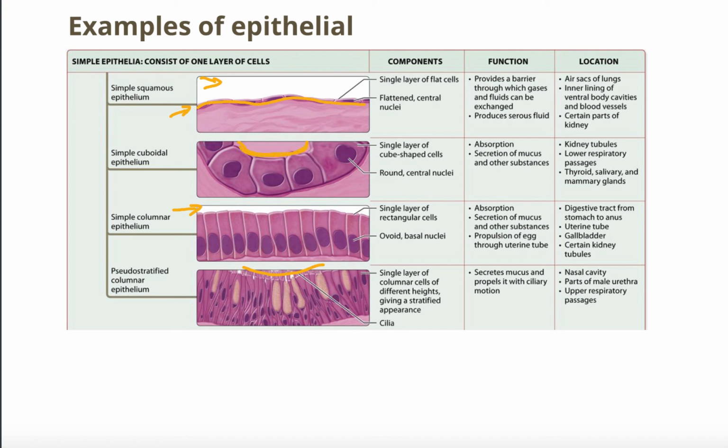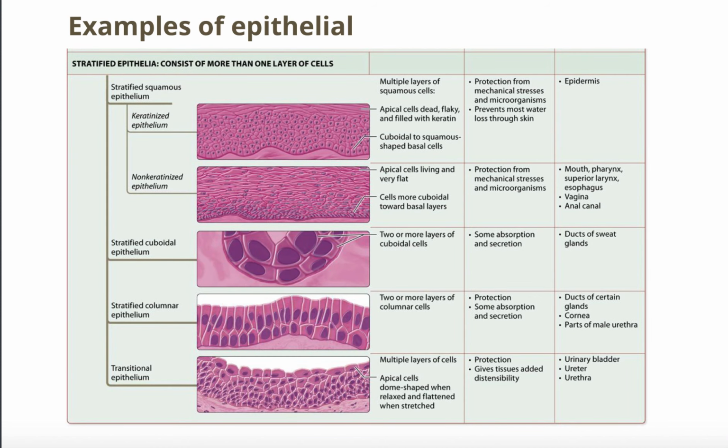Okay? In this picture, you can't really see the edge, but above it is air. Above this one is air as well, or fluid, etc. But just generally, it's either lining a tube or on the very edges. That's where you'll find epithelial tissues. If your teacher chooses to really dive into epithelial tissues, then there'll be a separate lesson going through all these types and what they do and where they're found.